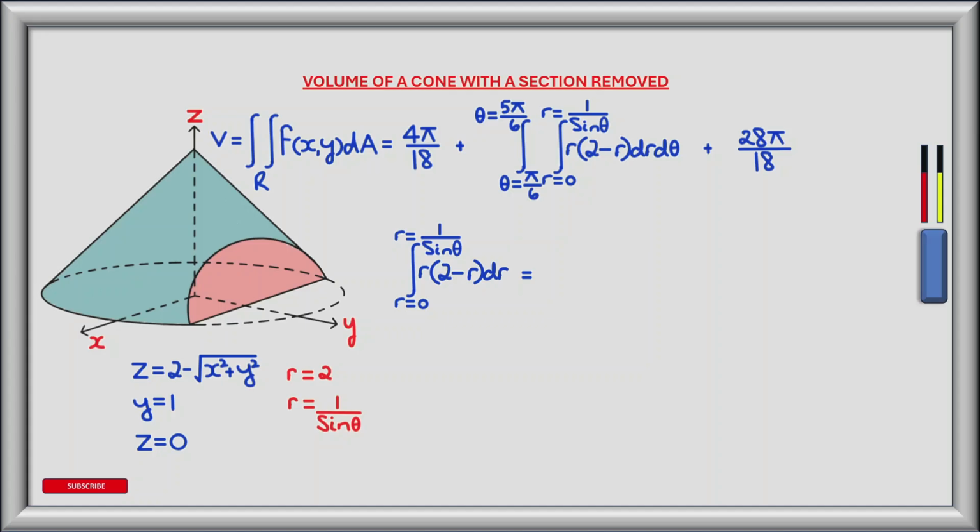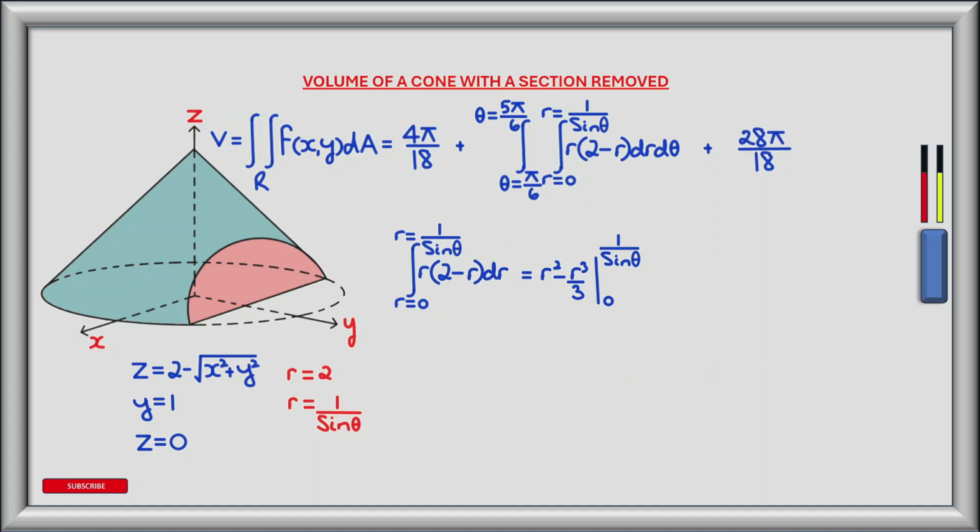And now moving on to the middle of the three double integrals, we want to integrate between r equal to 0 and r equal to 1 divided by sine theta of r into the bracket of 2 minus r dr. Using the power rule to evaluate this, its antiderivative is r squared minus r cubed divided by 3.